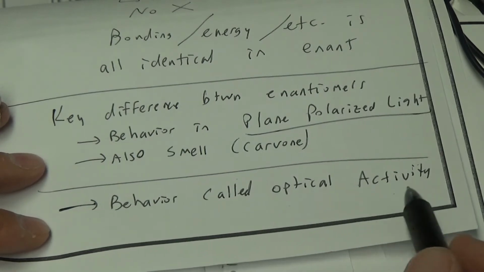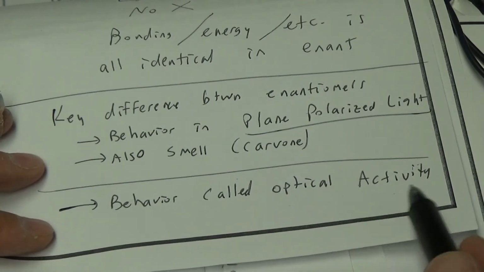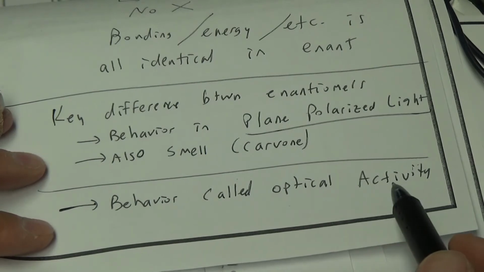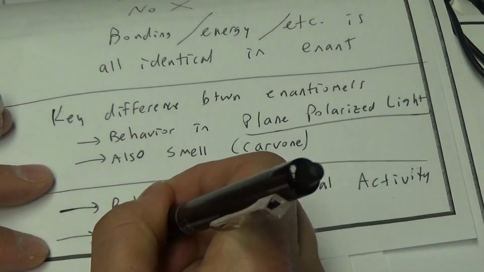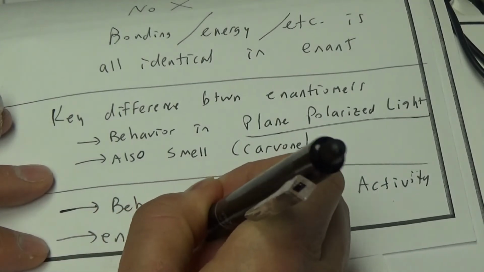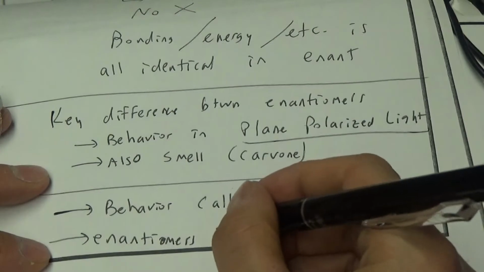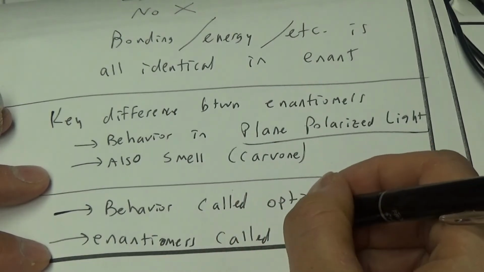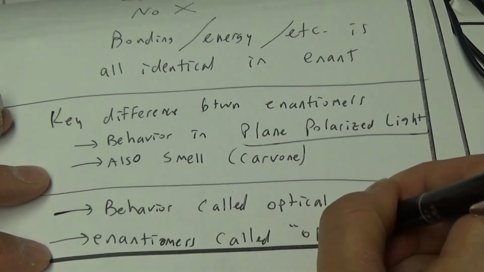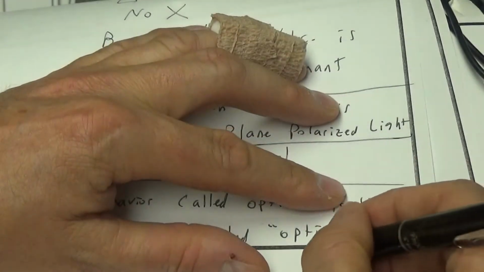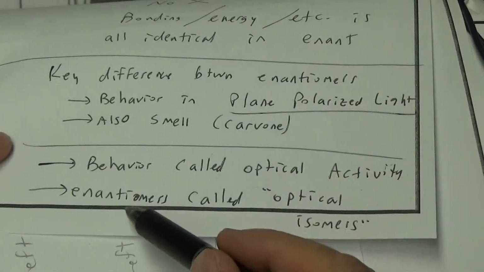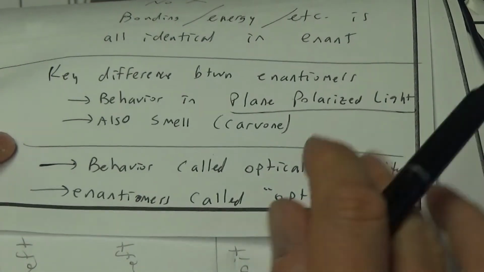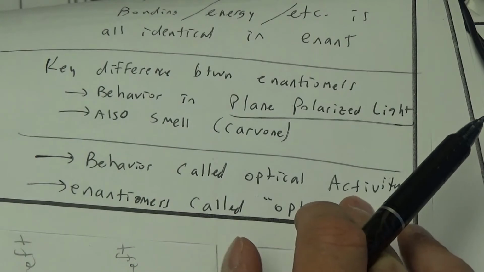It's called optical activity because we're causing a difference in the behavior of light between the two enantiomers. Enantiomers are also called optical isomers. It's another name for enantiomers. Okay, so let's keep going with that.